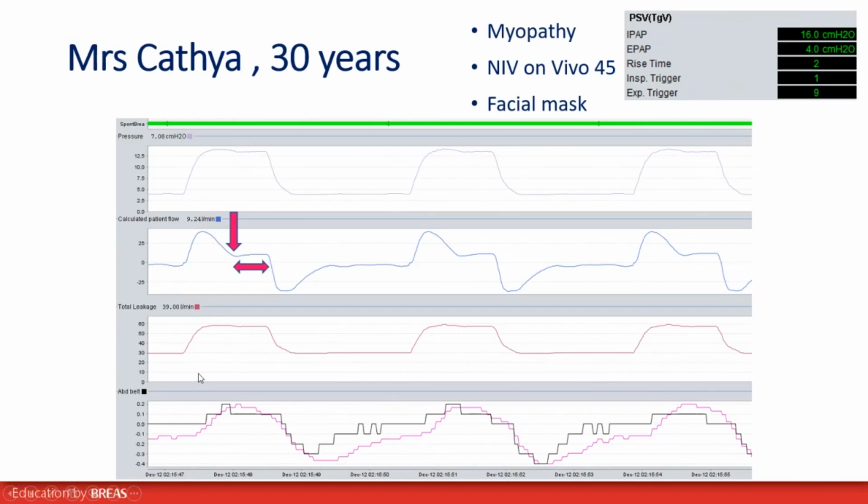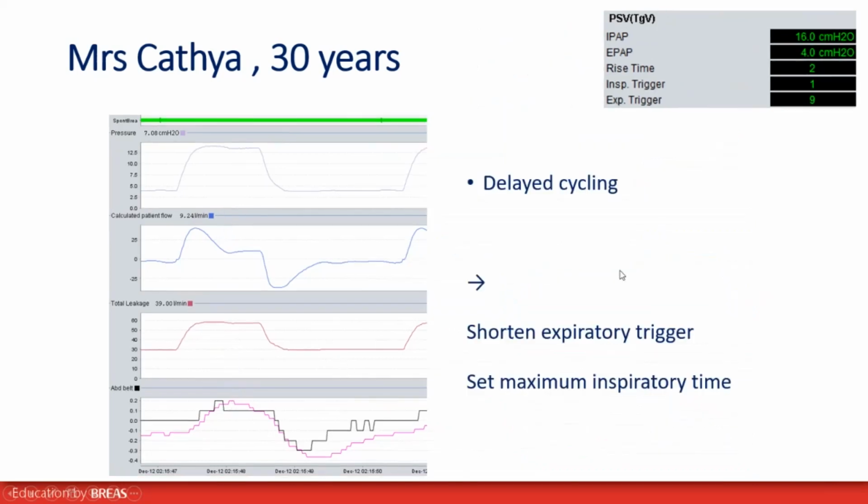So there is an asynchrony here, and we see on the belt that the patient starts to exhale at this point. So it's called a delayed cycling, meaning that the mechanical breath is longer than the patient effort. And this is not comfortable at all. So in this case, we should shorten the expiratory trigger to make sure that the mechanical breath is shorter. Here, the expiratory trigger was set at 9, which is very long, so probably we should change it.